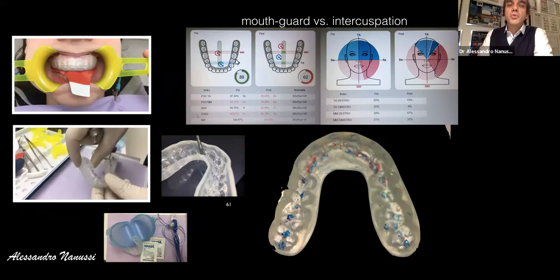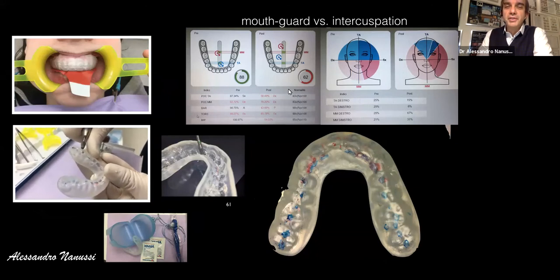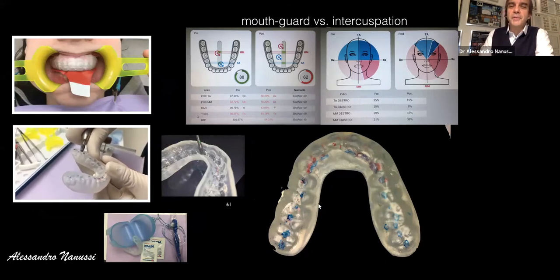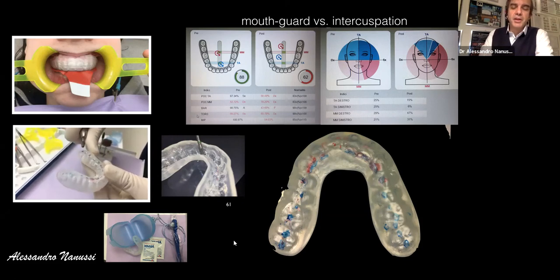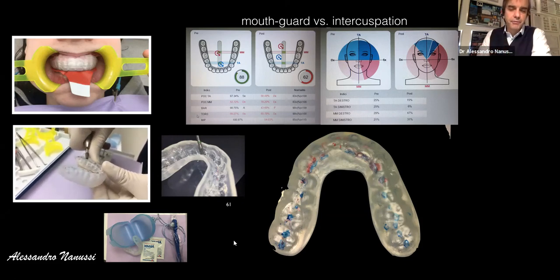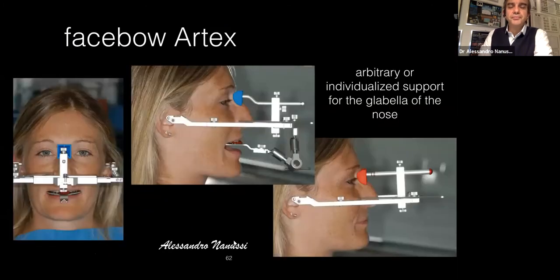The occlusion with the mouthguard is better than the patient's own occlusion. This is the patient's occlusion, not good. It's not so easy to balance the soft material of the mouthguard. Usually I use a material of 80 Shore hardness.